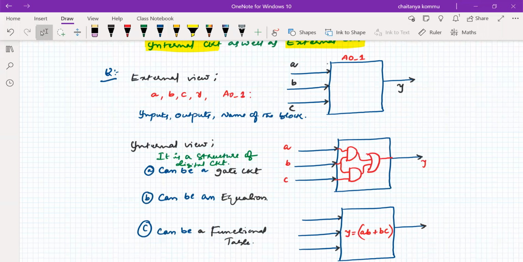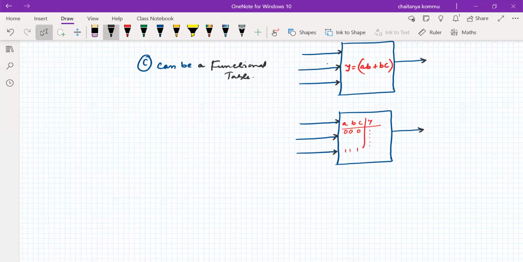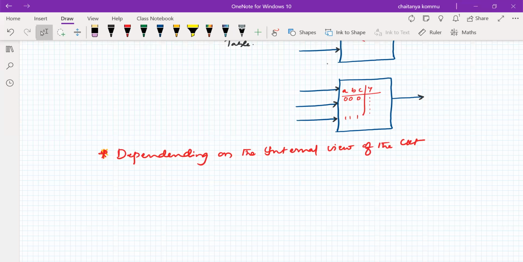Now, one very important point I want to write here: depending on the internal view of the circuit, the Verilog HDL can accommodate three important modeling styles.